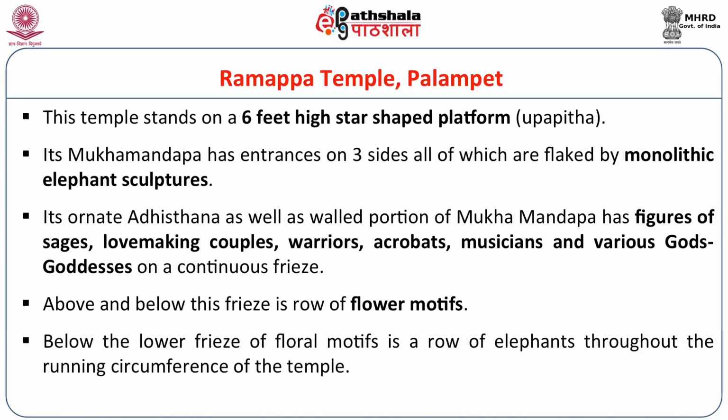Below the lower frieze of floral motifs is a row of elephants throughout the running circumference of the temple. The very wonderful thing about this frieze is that no two elephants are identical. Every elephant is doing something different from the other.